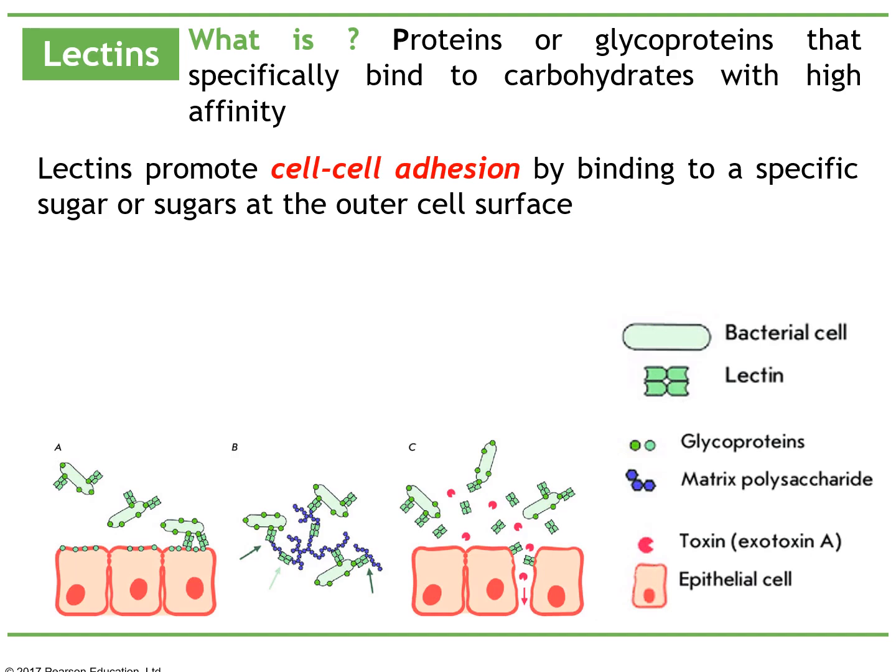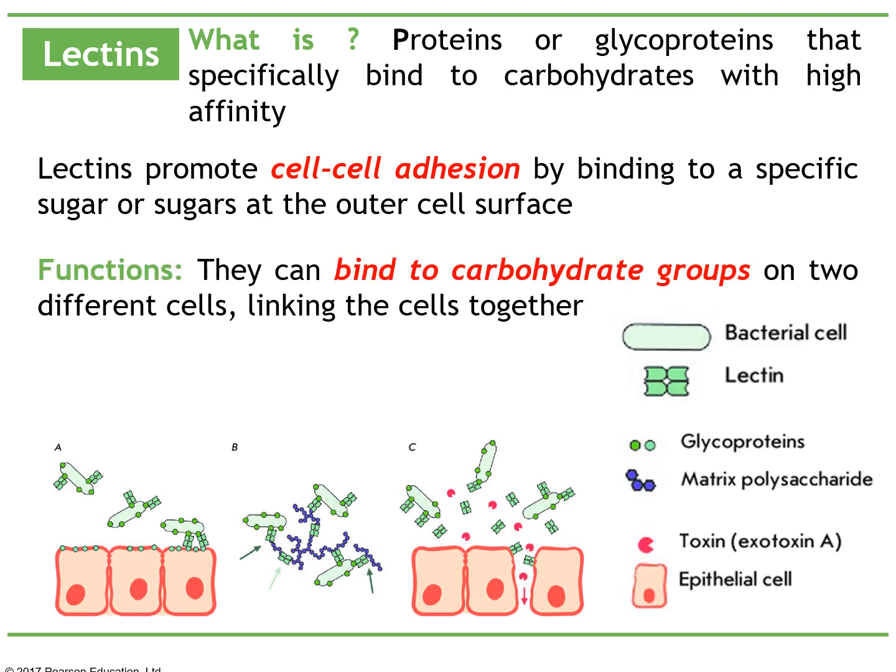Remember, lectin promotes cell adhesion, binding to sugars in the outer cell surface. And the functions that they do, when they bind to carbohydrates, are of three types.